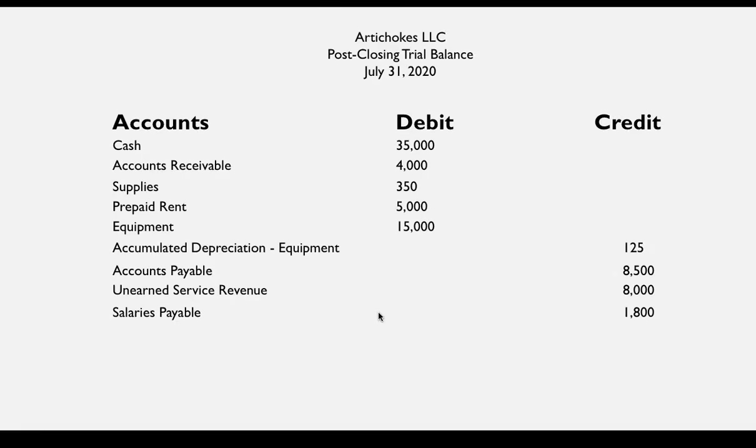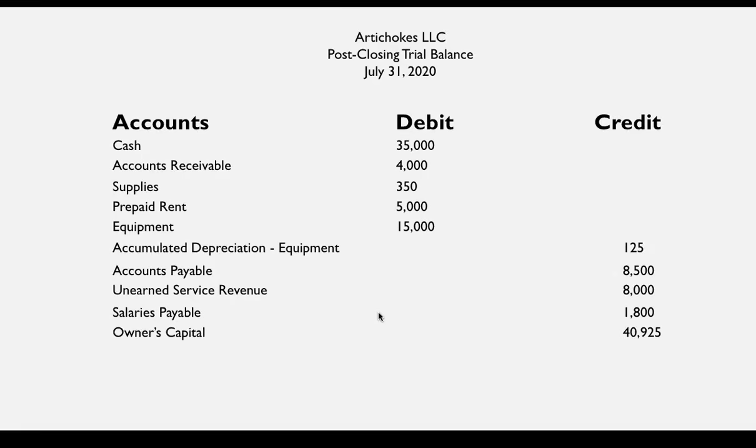Then we get to our owner's capital amount. This owner's capital amount, we're going to want to take from our owner's equity statement, or we could also find this amount by posting our closing entries into T accounts.